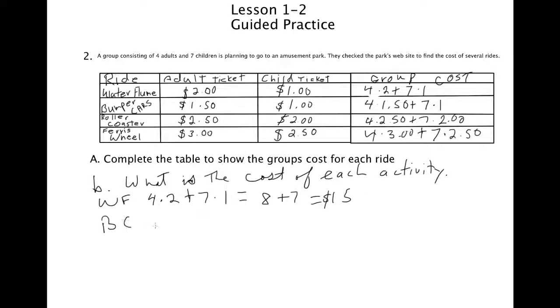The bumper cars were, okay, 4 times 1.50 plus 7 times 1.